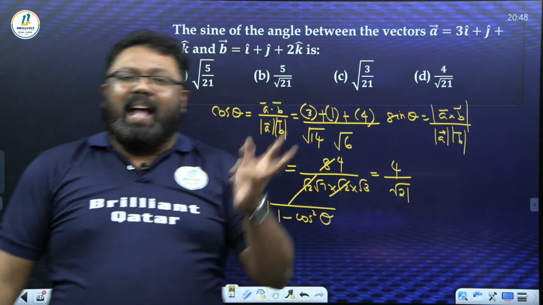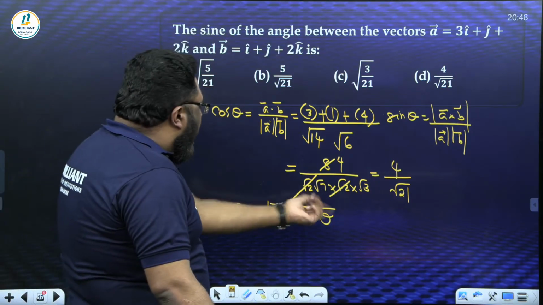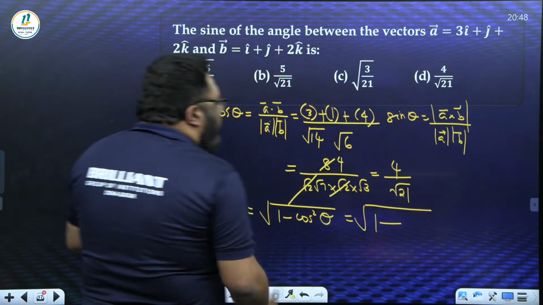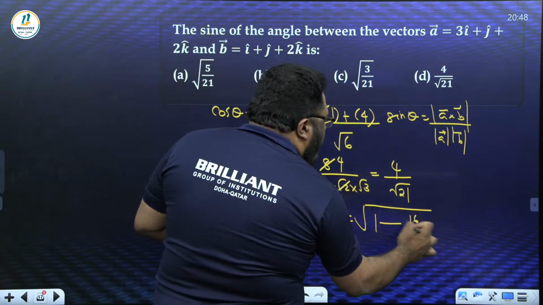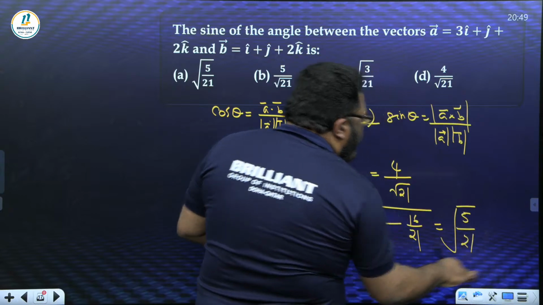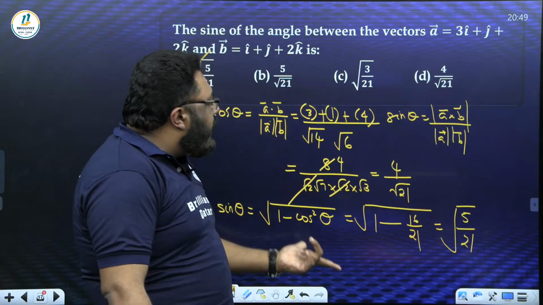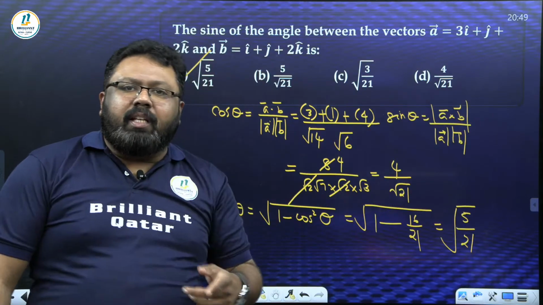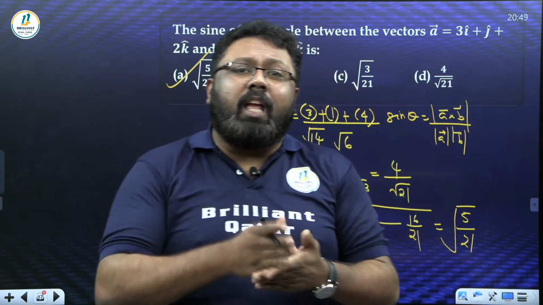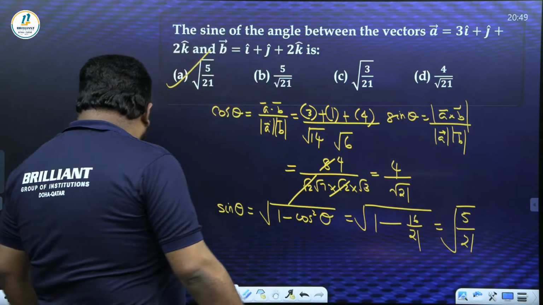This is easier than finding the magnitude of A cross B. Those who want to do it the other way are welcome to do it, no problem. 1 minus cos squared is 16 by 21, and that gives root of 5 by 21, option A. So I believe doing cos theta and the dot product is far easier than using the determinant method for A cross B. Use the A cross B method only if you are compelled to use it. This is not compulsory, it's an MCQ. Who cares what method you use?